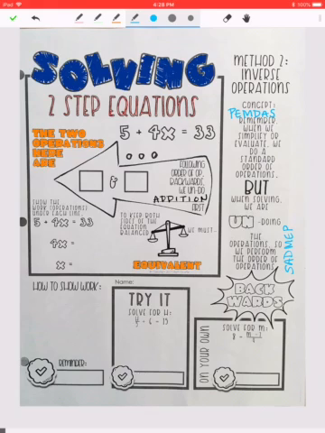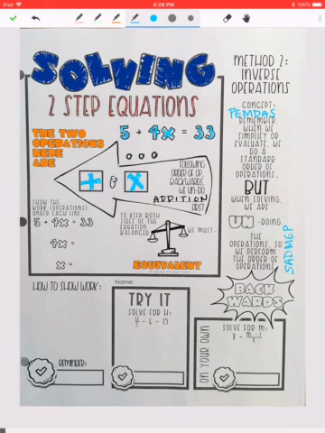So let's look at our first example at the top, which is 5 plus 4x equals 33. Okay, so the two operations that I have here are addition, because of the 5 plus 4x, and then 4x is actually 4 times x, so I actually have multiplication as well.